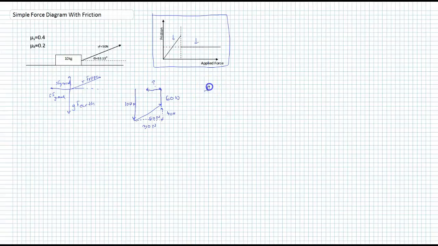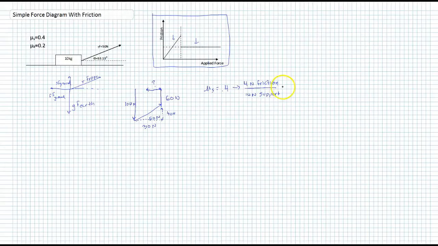If the coefficient of static friction is equal to 0.4, like I said before, that just means I've got 4 newtons of friction for every 10 newtons of support.